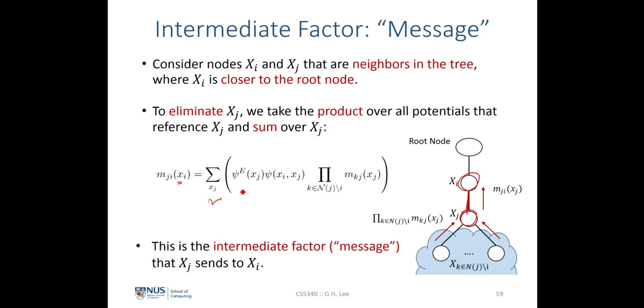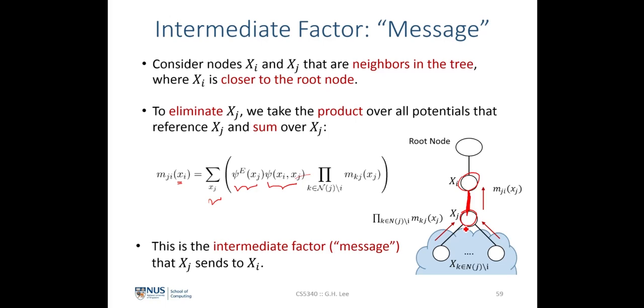This would be, of course, the unary potential of xj with the evidence nodes, if there are any, denoted by the evidence potential. We will also have to consider the pairwise potential between xi and xj, as well as all the other messages that are passed in from the descendants of xj in the tree graph.